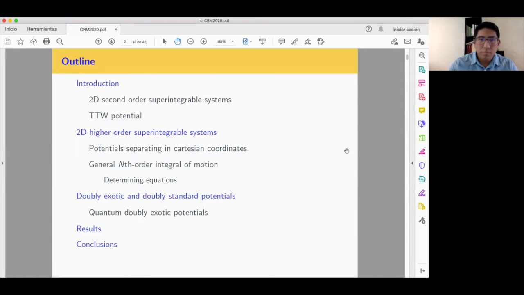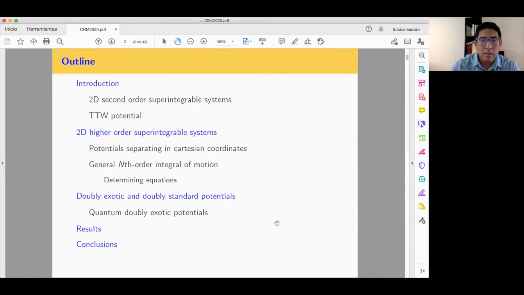So this is my plan for the talk. I will start with the introduction, the basic definitions and the systems I will be considering, and then in section 2, the formalism of higher order superintegrable systems will be presented in a very short way, in particular the general n-order integral of motion.